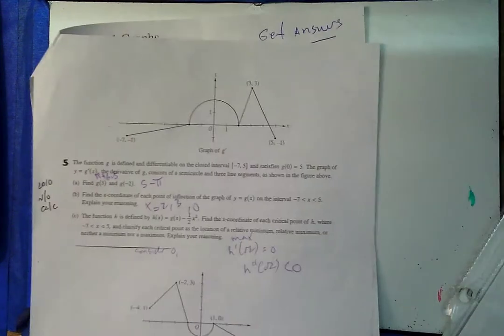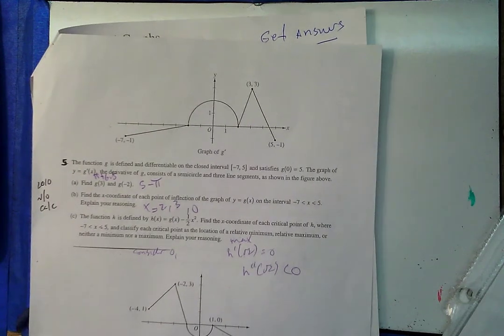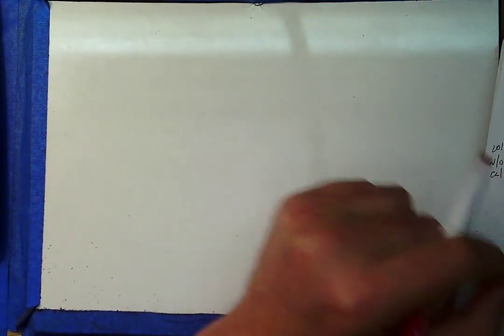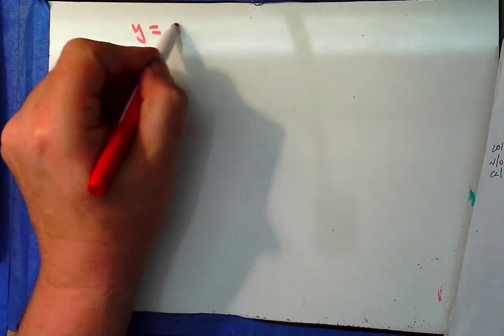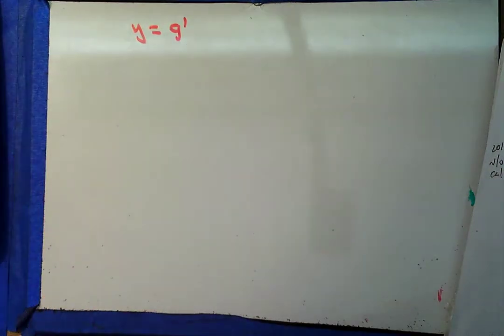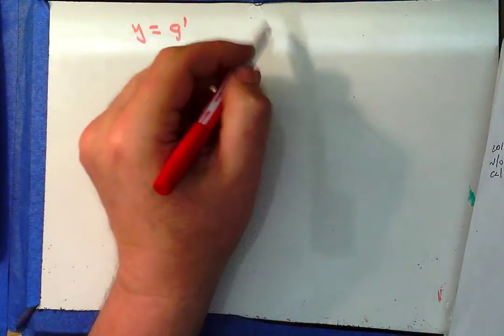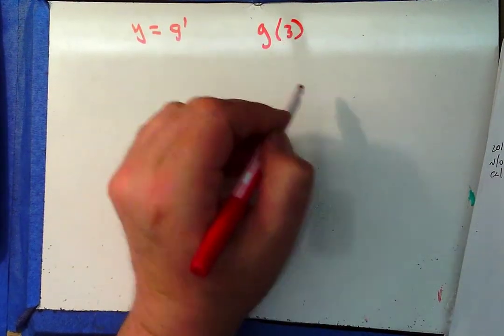Problem number 5, this one was called Snoopy because it kind of looks like Snoopy lying on top of his doghouse. We're told that y equals g prime. We're given a graph of g prime, which consists of a semicircle and 3 line segments shown above. Find g of 3.